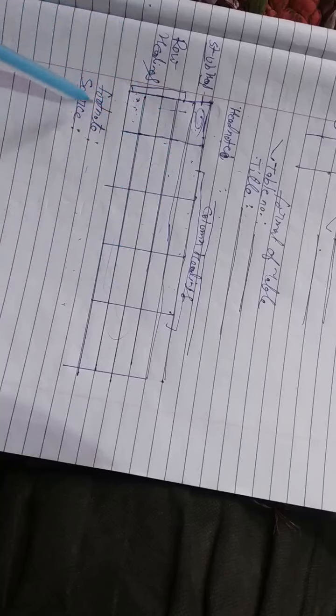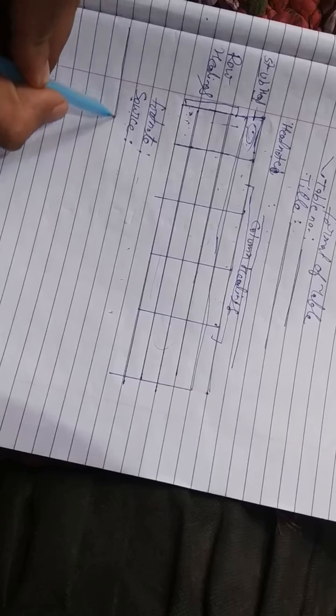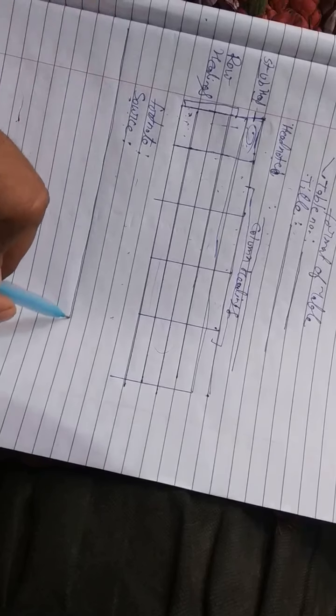Then we have the footnote. Footnote presents additional information about the table, and then the source from where we have collected the data. So this is the format of a table.